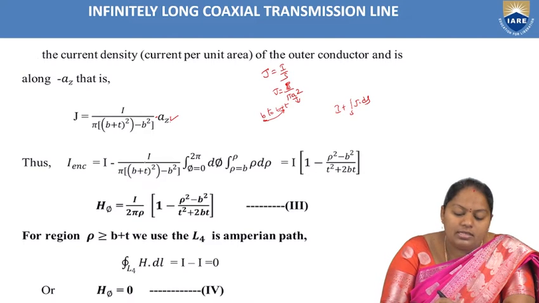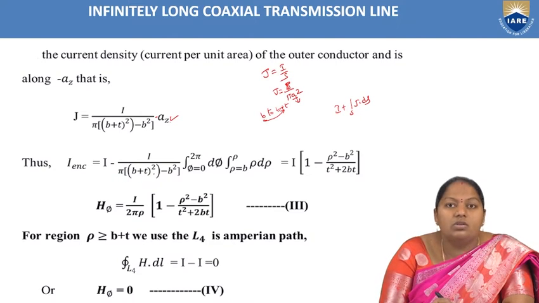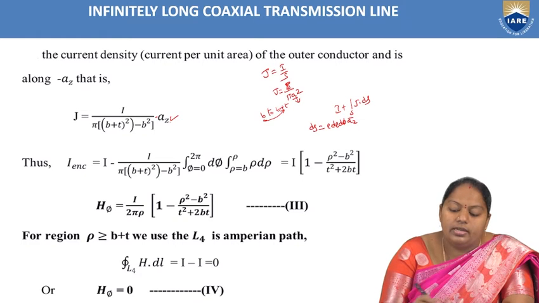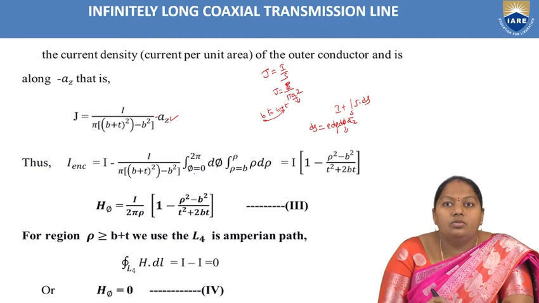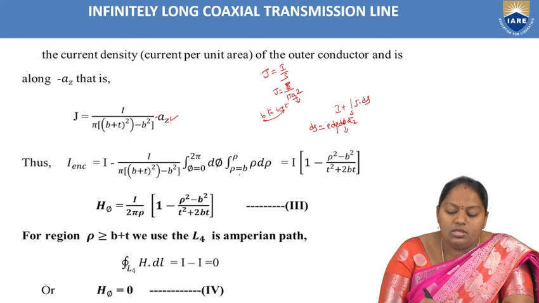Hence I minus I by pi into B plus T whole square minus B square, then the integral along the z direction, where the formula for dS is rho d phi az. Hence the two differential elements are d rho and d phi. By default, the two ranging variables are phi from 0 to 2 pi and rho from B to B plus T.